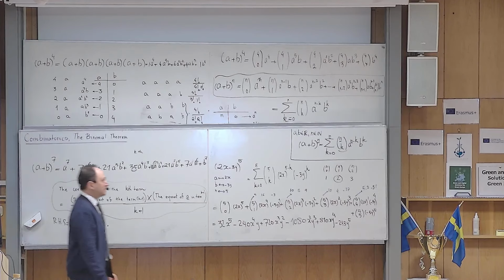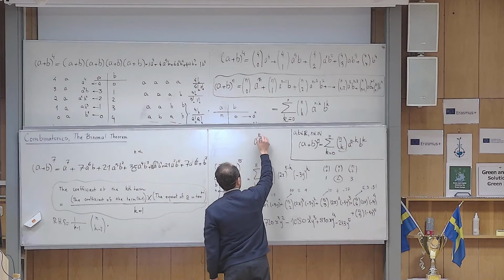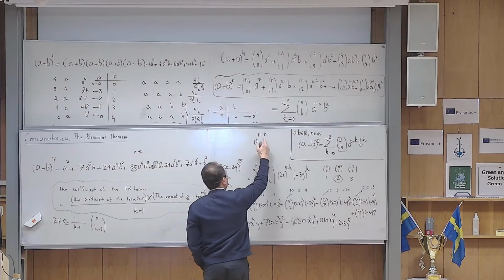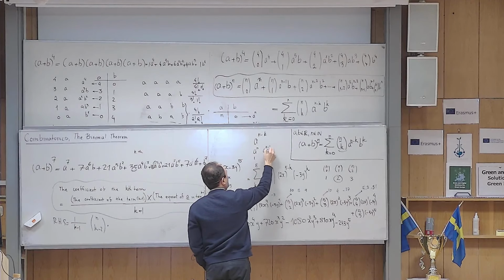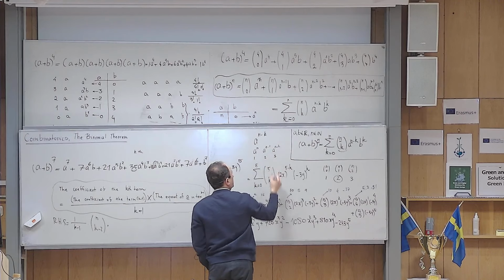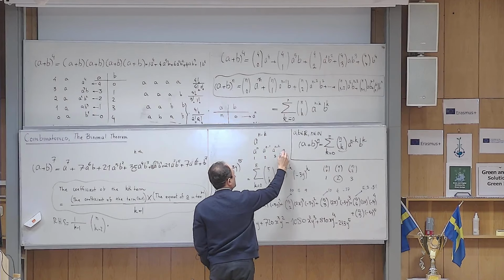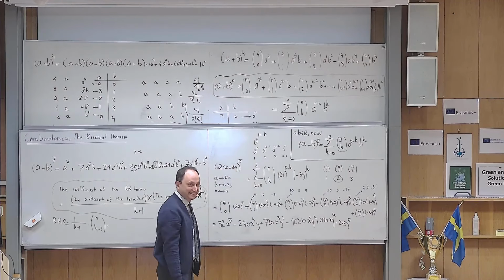So the power of n, so this is n minus k. Okay, so when I put 0, a to power n is the first one. The second one is n minus 1. The third one is n minus 2. So the k minus 1 term is what? A to power n minus. It is not hard, is it?